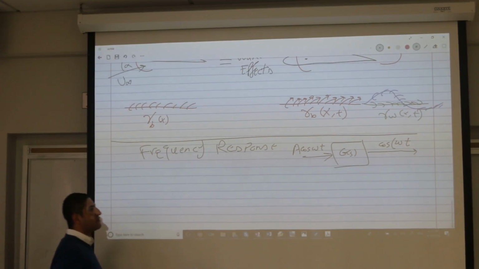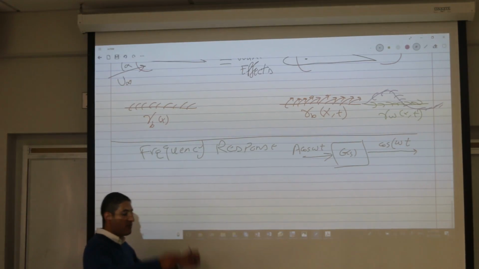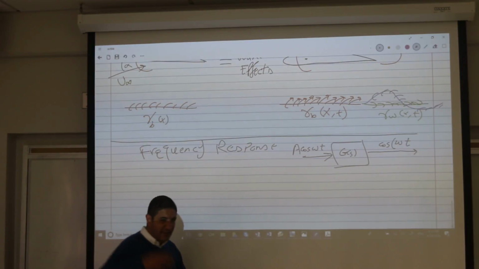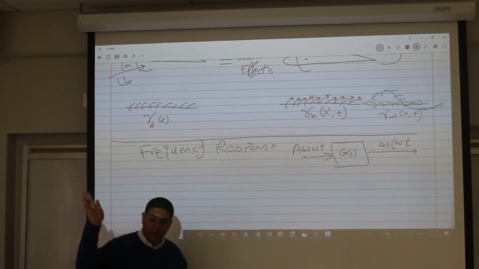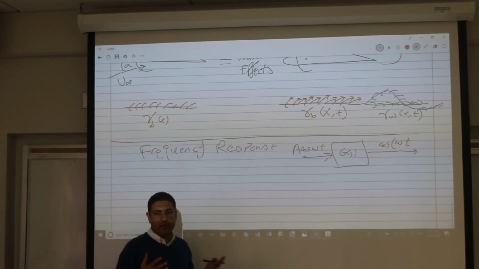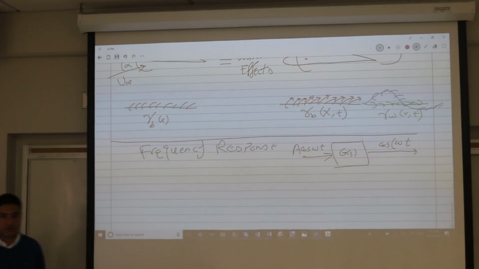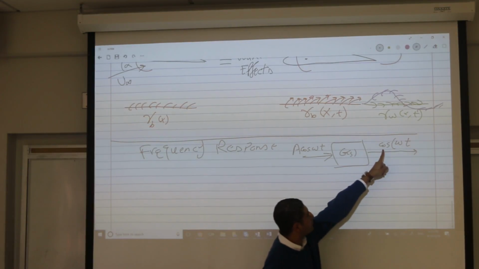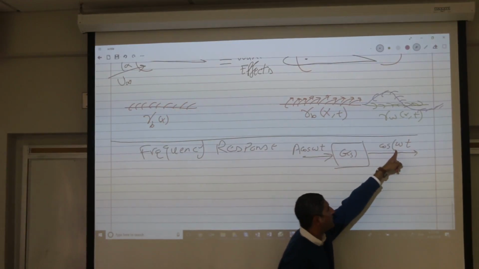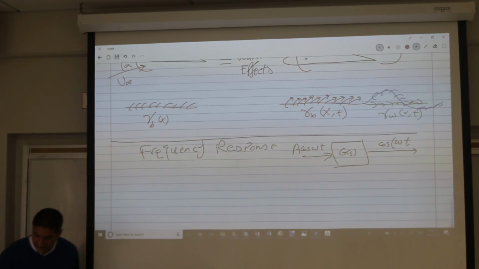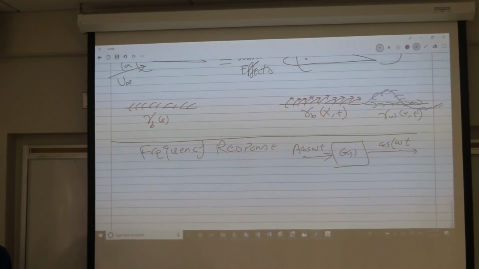If you're playing with the elevator fast, the airplane will follow you fast. And you can imagine that if I play with the elevator too fast, the airplane might not feel anything, right? This is exactly the frequency response. Ideally, your output will oscillate at the same speed, since it's a linear system, but with a different amplitude B, not the same amplitude anymore, and with some phase shift.